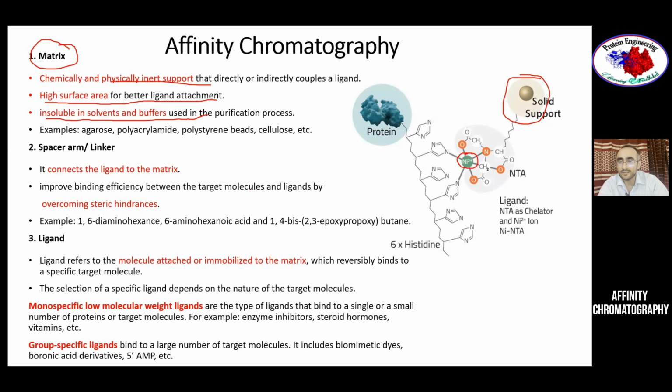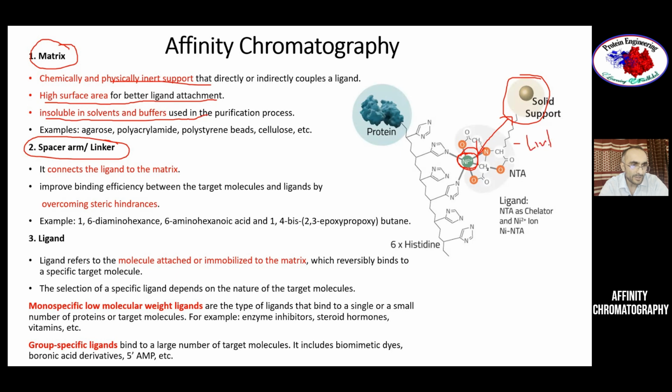The second component of an affinity column is the spacer arm, also called the linker. The linker is basically a chemical group which connects the ligand. For example, this nickel ligand is connected to the bead through this linker, so this chemical group is called the linker here.